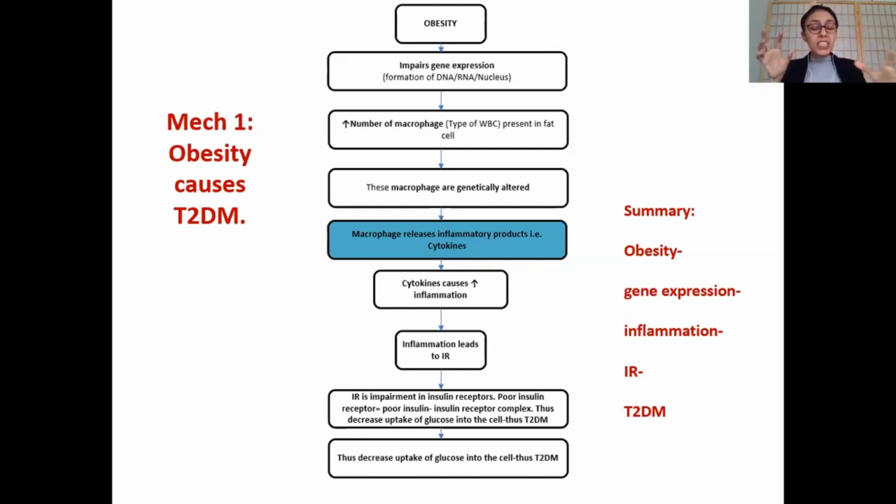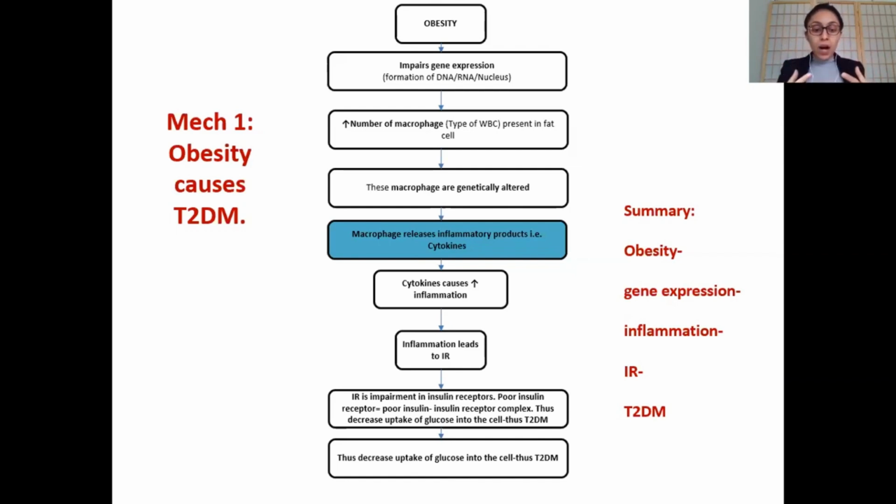All right. When I say it's a condition of chronic inflammation, if you look at your lecture one and the slide on epigenetics, your epigenetics slide clearly stated that when you have obesity, which is a condition of subclinical inflammation, you have impaired gene expression, meaning you have, say, mutated or malformed DNA, RNA, nucleus.